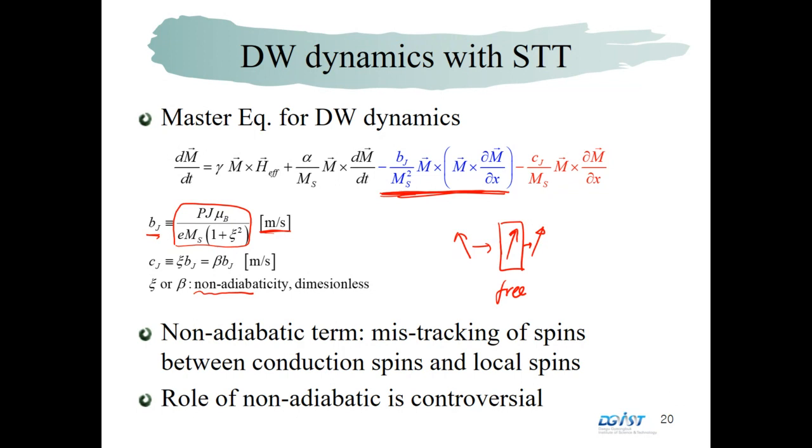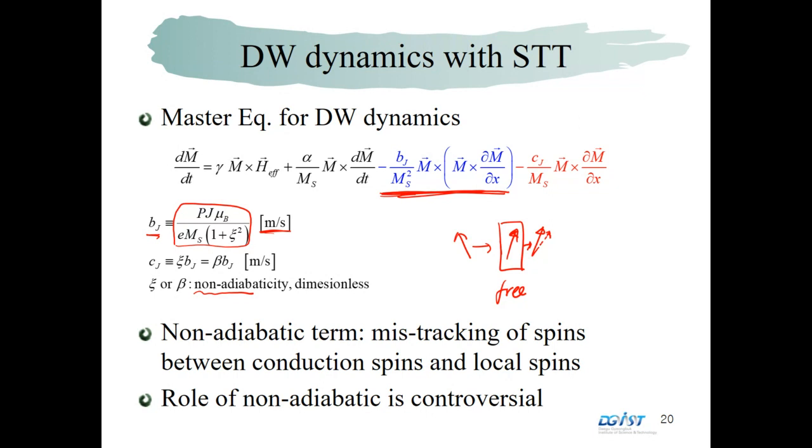That means there is a very strong exchange coupling, and it takes a very short time to align this free electron to the local spins. But the electron is moving fast, and the coupling strength is not infinitely strong. So the outgoing electron spin is not exactly parallel to this localized spin. There is a small difference, and this small mismatch gives us some kind of additional torque.